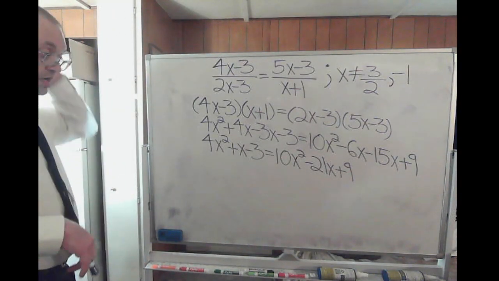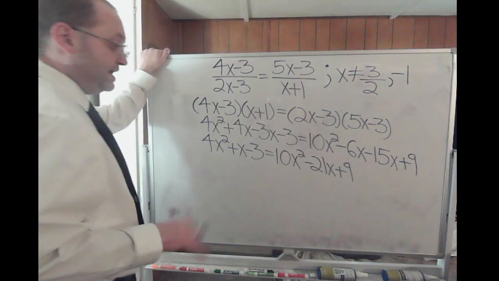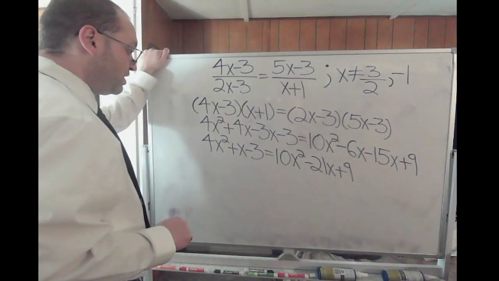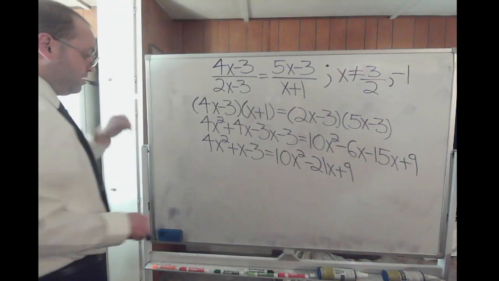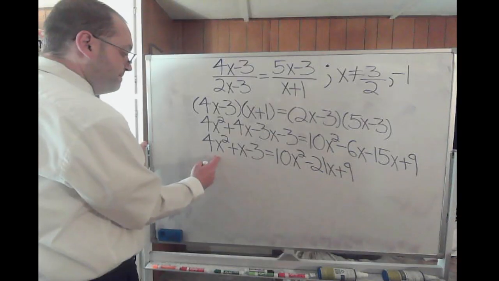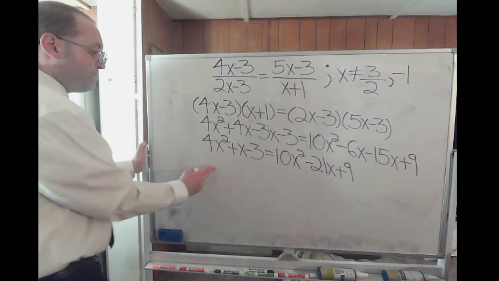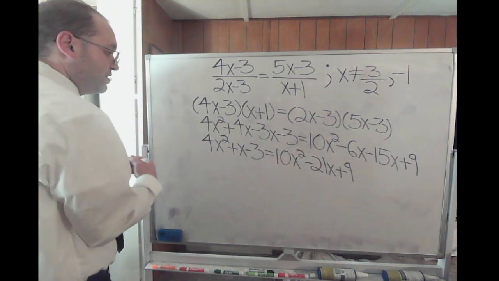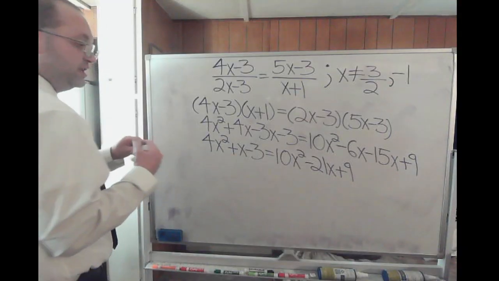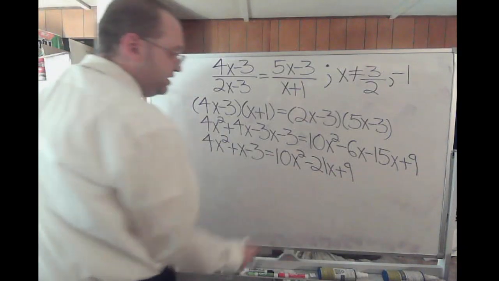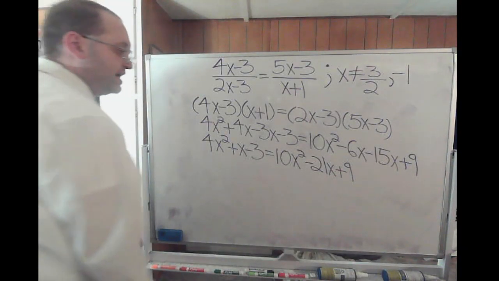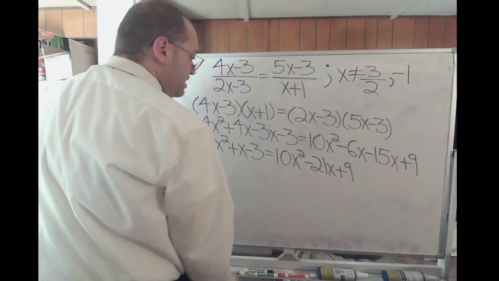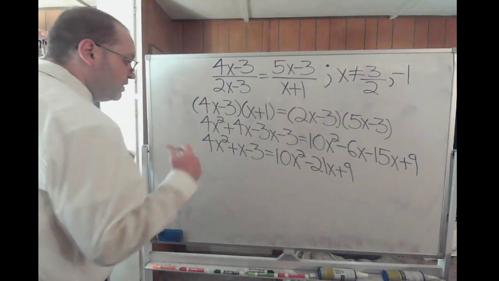Well, let's see now. So if we take 4x squared minus 10x squared, because ultimately we want to make the right side equal 0, don't we? We need to subtract 10x squared from both sides.